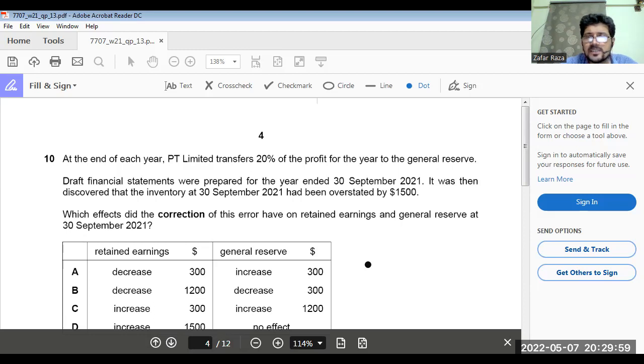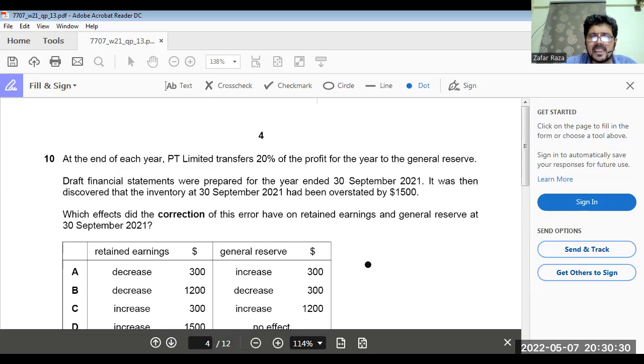Okay, in this situation, what we have to do is just keep our eye on the general reserve. If closing inventory is overstated, it means when we rectify this error, our cost of sales would increase, meaning a decrease in profit.